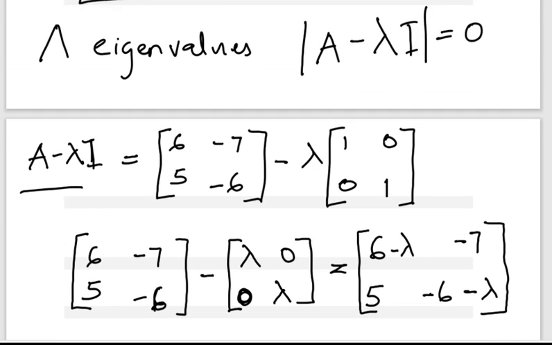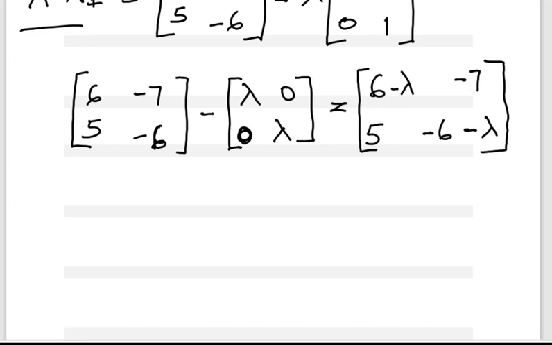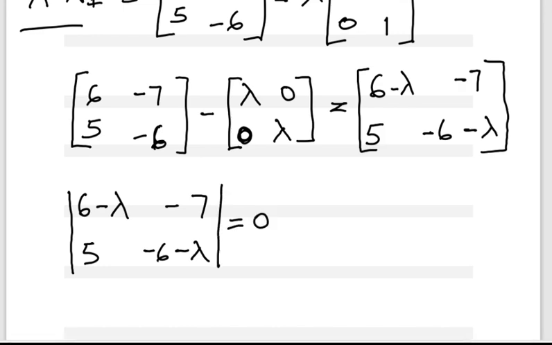Next, let's apply the determinant and equate that to 0. So this will be the determinant of 6 minus lambda, negative 7, 5, negative 6 minus lambda, equals 0.